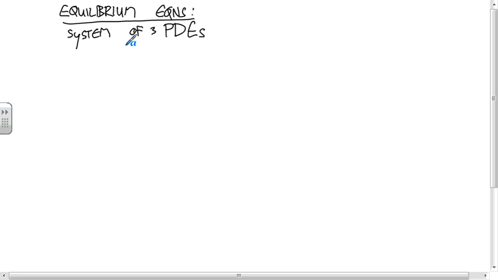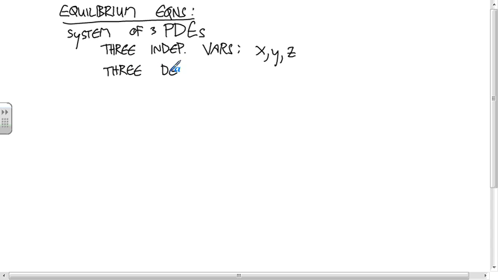And normally, if you have them expressed in terms of displacement, you have 3 independent variables. What are those? Yep, x, y, and z. And 3 dependent variables, and those are the displacement components. So that's the vector u.